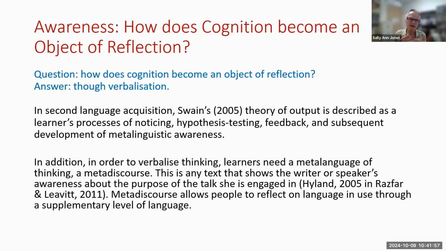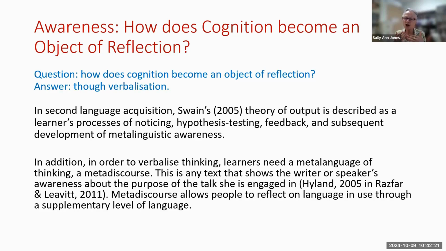And the answer, in my view, is through verbalization. So to think about verbalization, I'm going to draw on Swain's theory from second language acquisition and the idea of output. The idea that in learning, learners notice, perhaps here an item of language or a way of thinking.